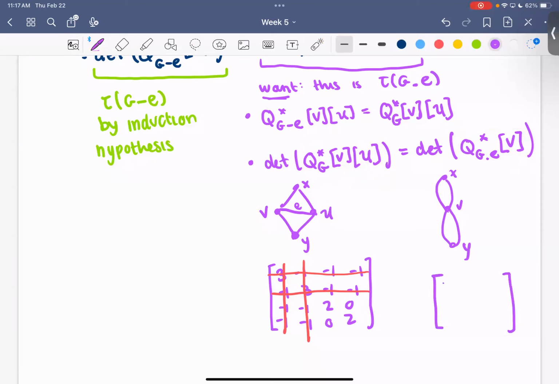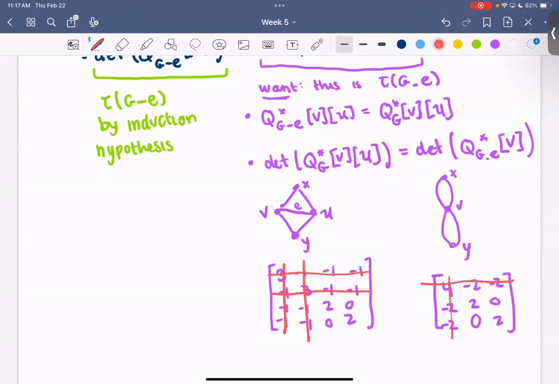So V has degree 4, has 2 edges to each of these guys. And then X and Y each have degree 2, and they have no edges to each other. Okay, so we did end up with the same matrix.